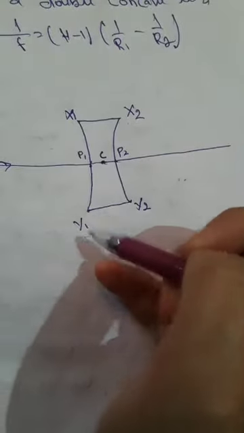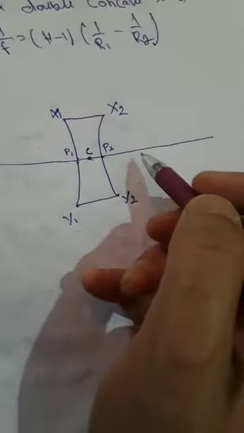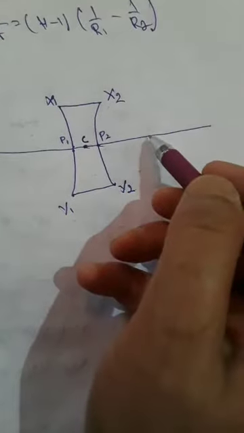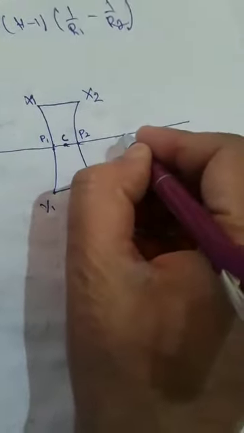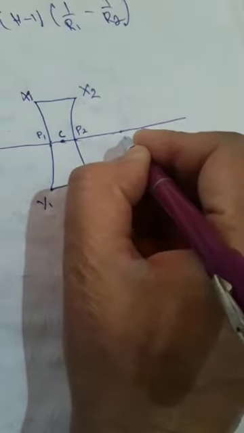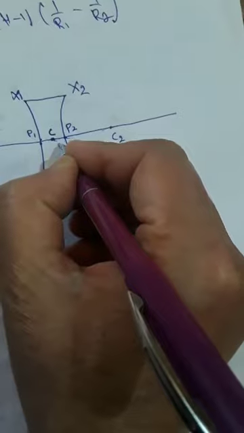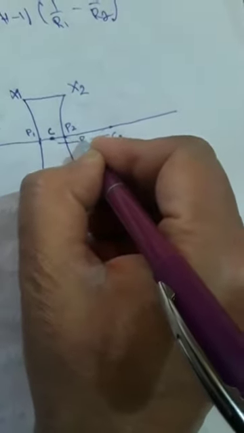These have two refracting surfaces, x1 p1 y1 and x2 p2 y2. It again has two centers of curvature, each with its radius of curvature. The center of curvature of x2 p2 y2 will be on this side, suppose here, center c2, and its radius of curvature, measured from the optical center, is r2.